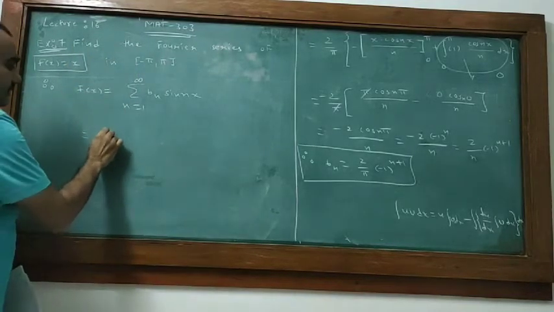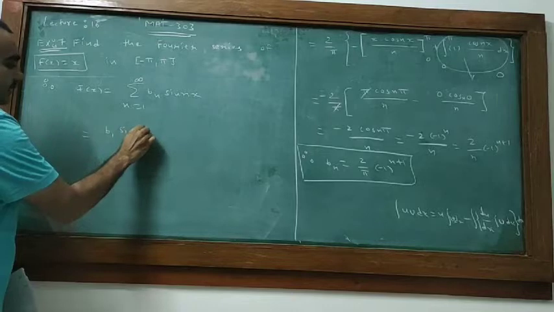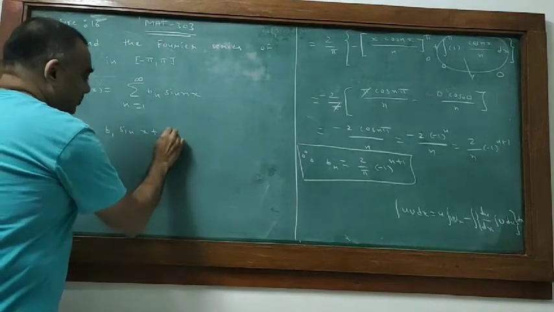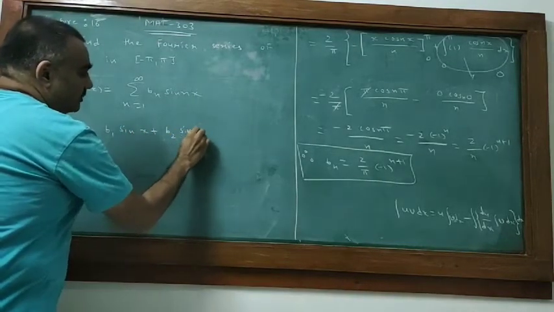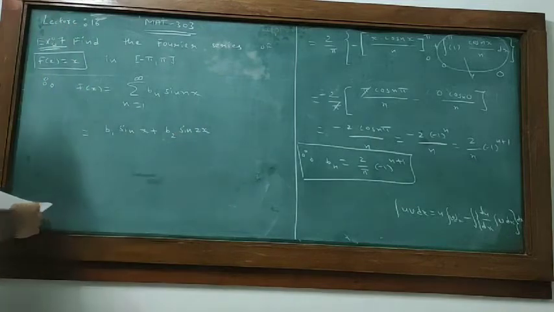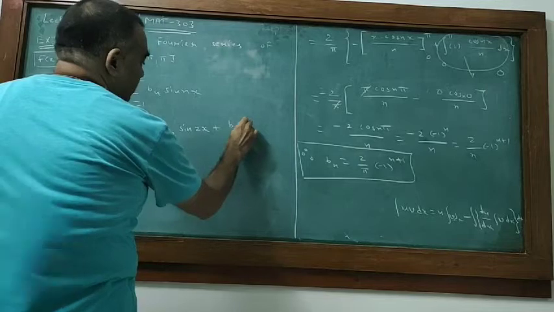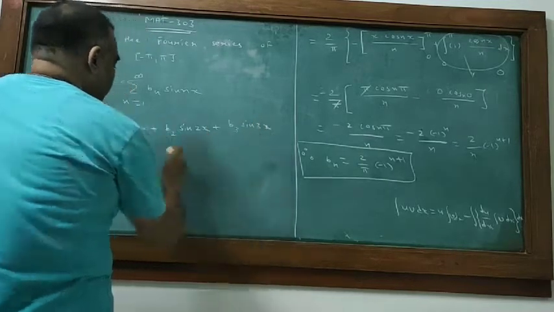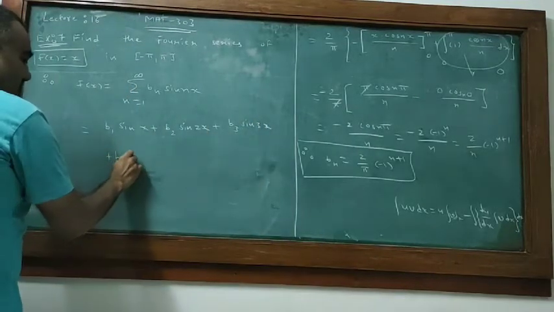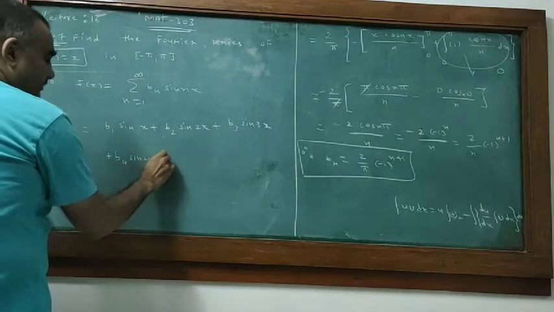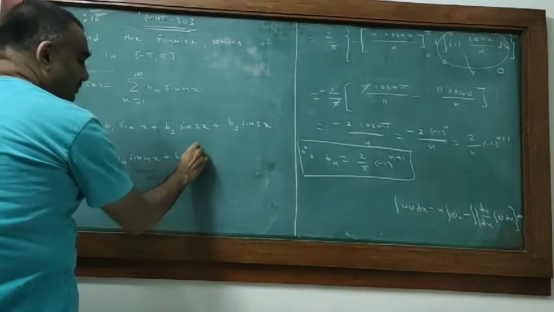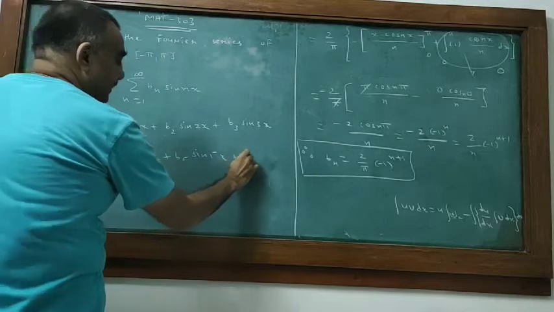So it is b_1 sin x, b_2 sin 2x, b_3 sin 3x, b_4 sin 4x, b_5 sin 5x and likewise the others.